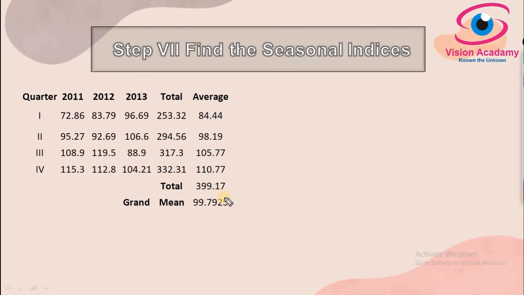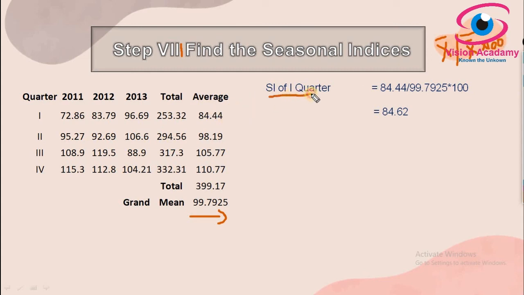To find the seasonal indices, I have pasted here the last step's output data for calculation, and I will also show you a separate calculation. The formula for seasonal indices is the mean divided by the grand mean, into 100. Let us find the seasonal index of the first quarter.